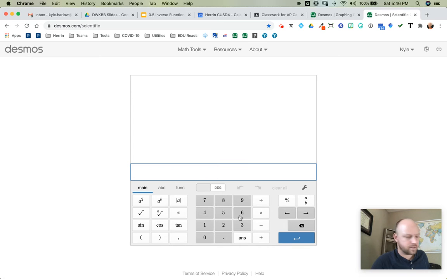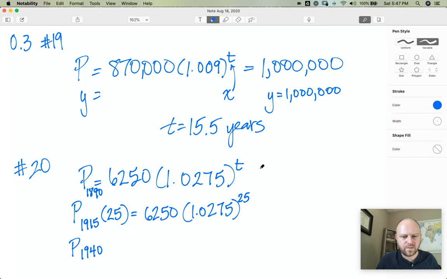So that's going to be 6250 times 1.0275 to the power of 25. And that gets us about 12,315. We'll go approximately 12,315 people.